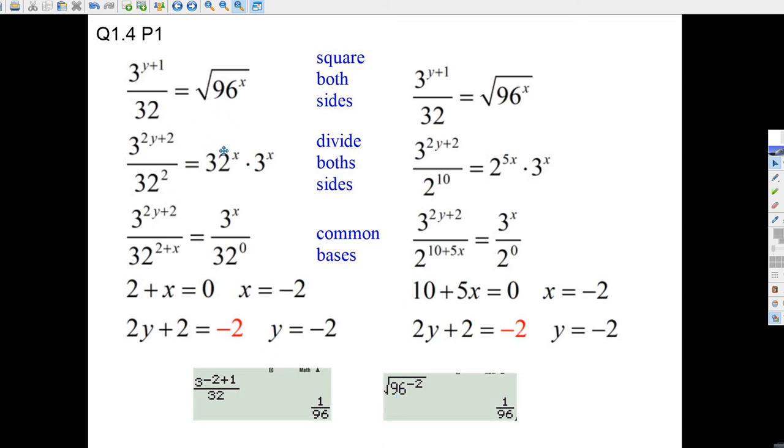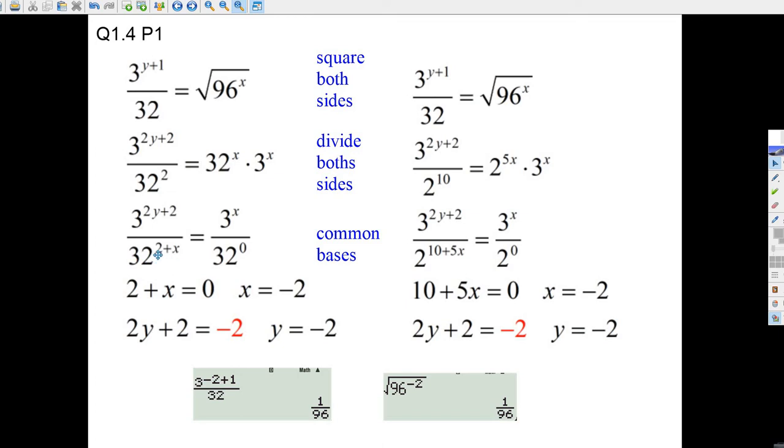There are other ways to do it. You can just take a look at this here. I just wrote this 96 as 32 times 3. I didn't have to put it into powers of primes, although that's often a good way to go, but it's a little bit easier if you just make it 32 times 3 is 96, and then square both sides, and then divide both sides by 32 to the x power.